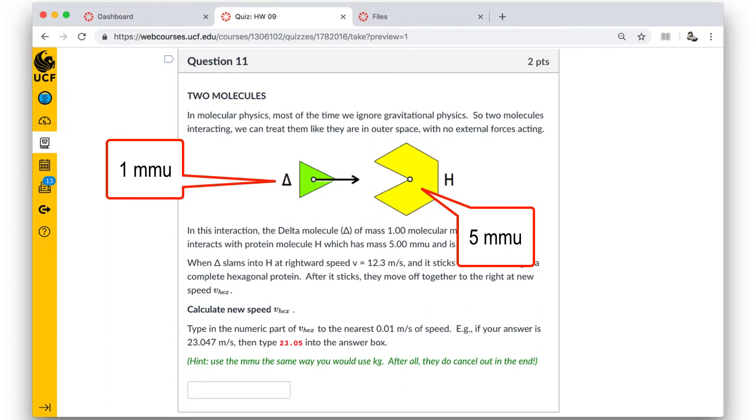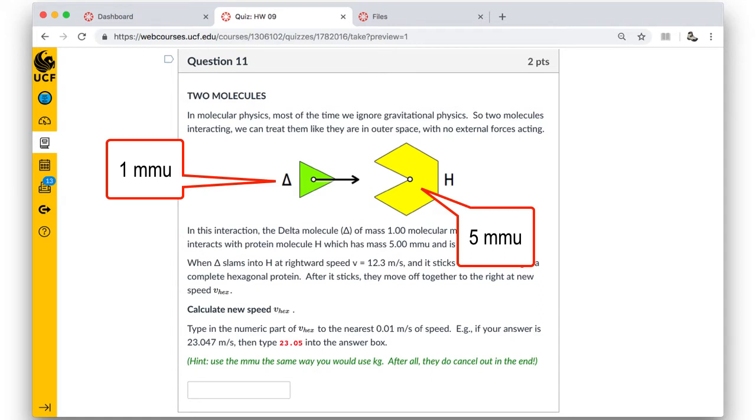It's a boxcar going into 5 boxcars linked together, and they're at rest. After the interaction, you're going to move off to the right at some new speed, and that's what your task was in this problem.